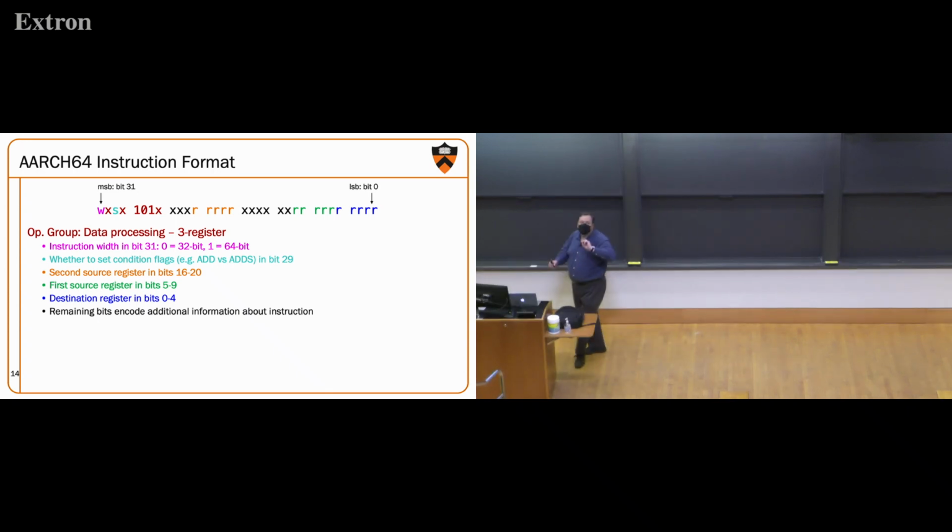So when you're thinking about generating this instruction and then stuffing it into memory, the very first byte is this set of 8 bits right here. And that is followed by this set of 8 bits, and followed by this set of 8 bits, and then this set of 8 bits at the end.